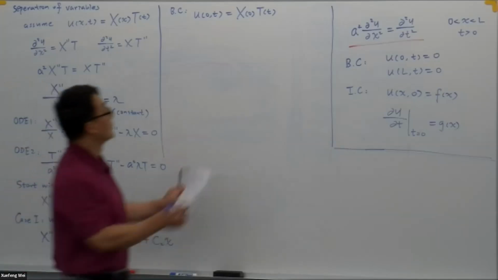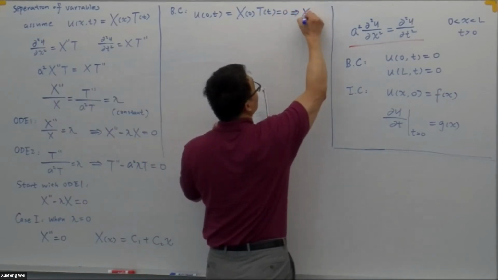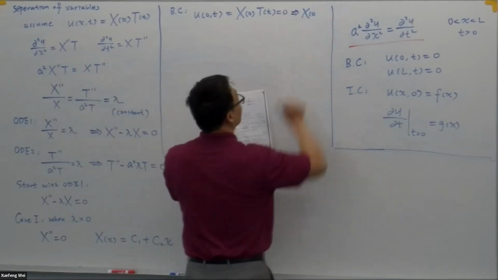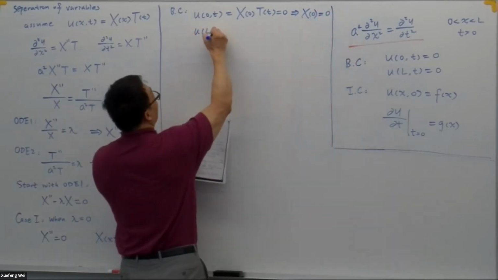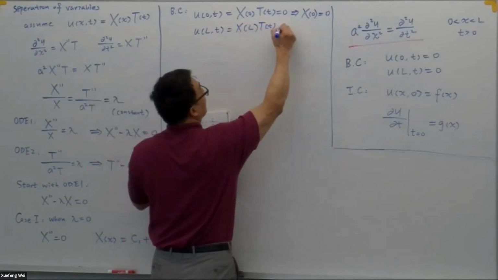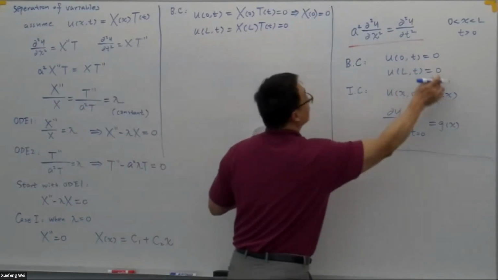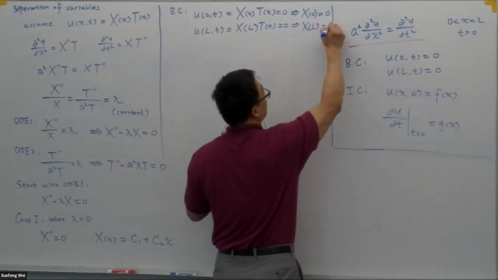So this indicates X(0) is zero. Same thing for this one: u(L,t) is X(L)T(t) equal to zero. So this actually means X(L) has to be zero.